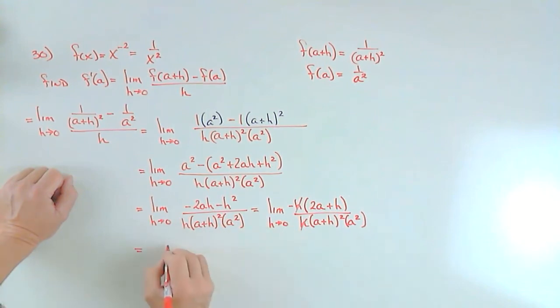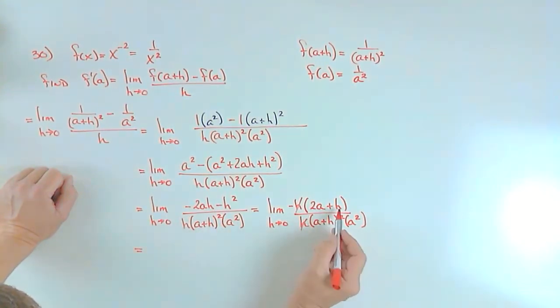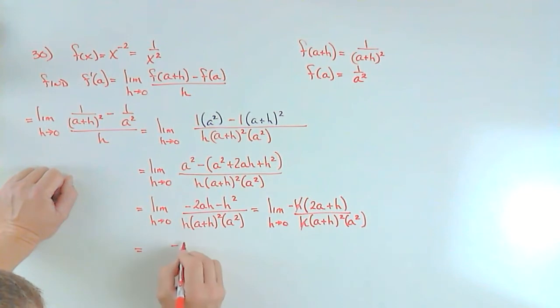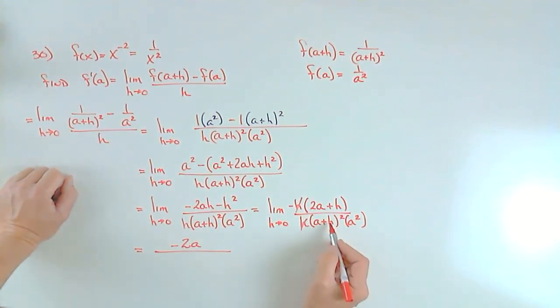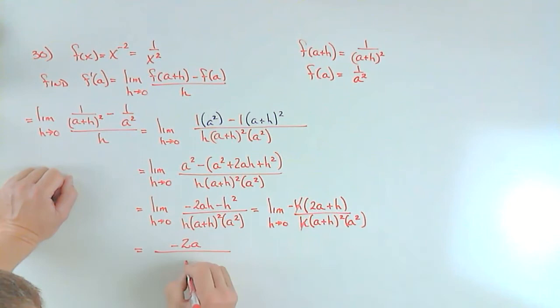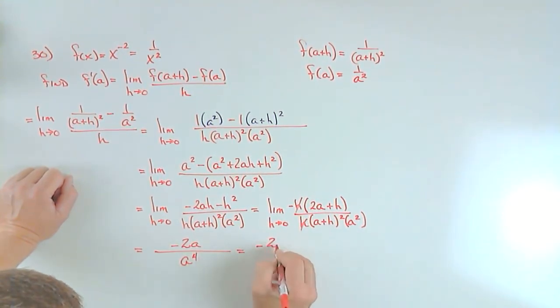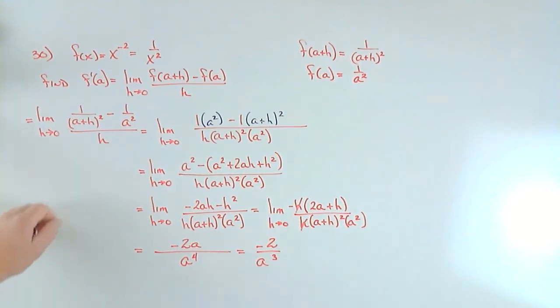And what are we left with? When we take h to 0, that's gone. So we have negative 2a on the top. H is 0, right? So that's a plus 0. That's just a squared. A squared squared, that's a to the 4th. And when we simplify, we get negative 2 over a cubed.